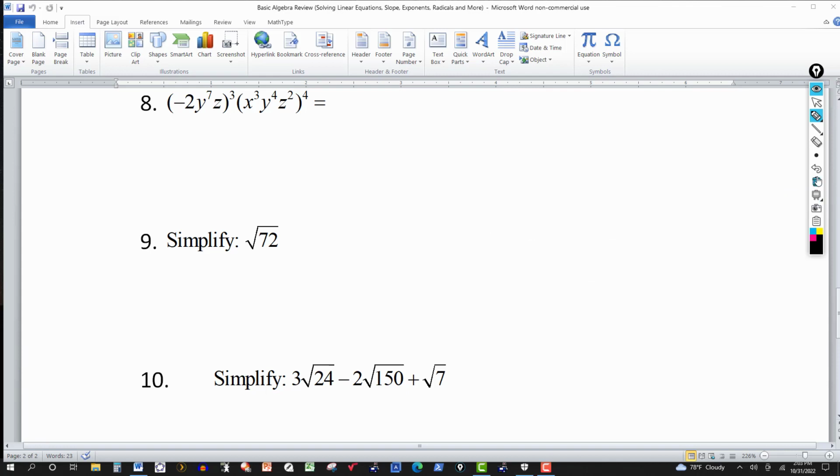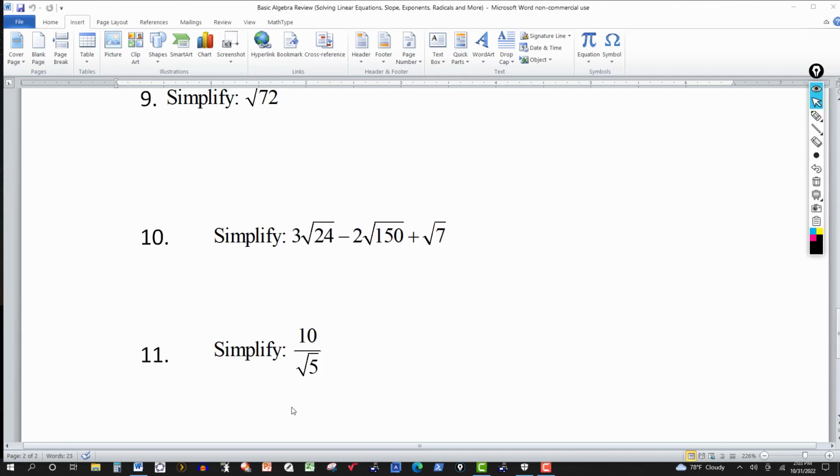So when we look at the next one here, we have 3 square root of 24 minus 2 square root of 150 plus the square root of 7. The way it is there, I can't combine them because they're all square roots, but the radicand is different in all of them.